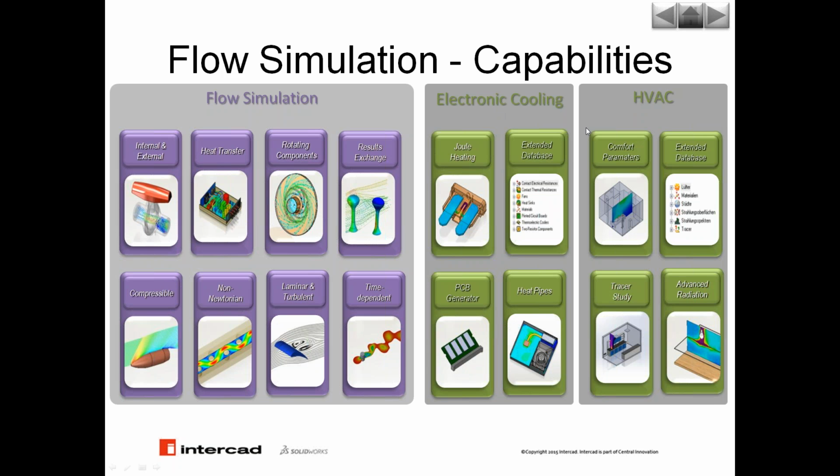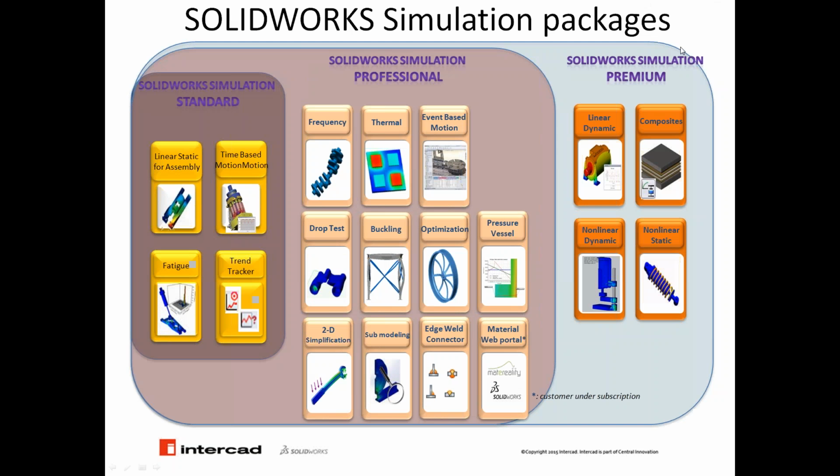And any study of this kind can be simply linked to our FEA package as well, where you have your CAD parameters, you have the flow study, and we do have the structural response here. You can either use linear static studies or the capabilities of Professional such as frequency, thermal, buckling, or drop tests, also accessing linear or nonlinear dynamic studies here.